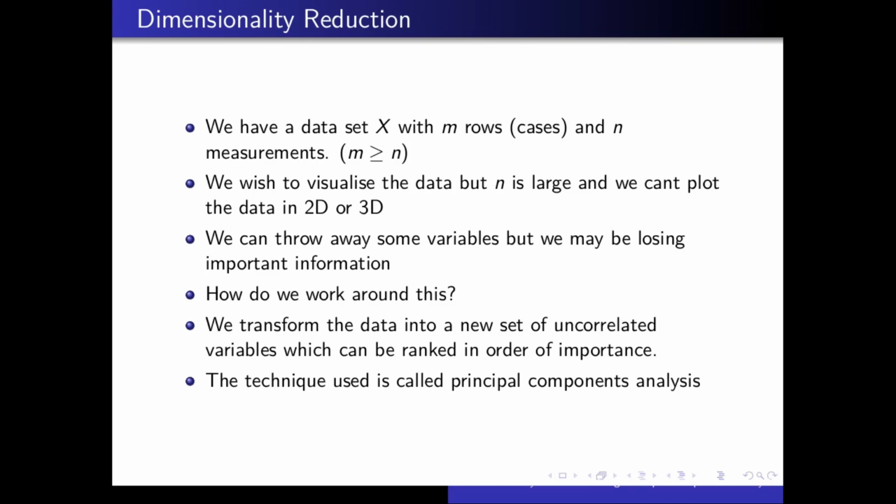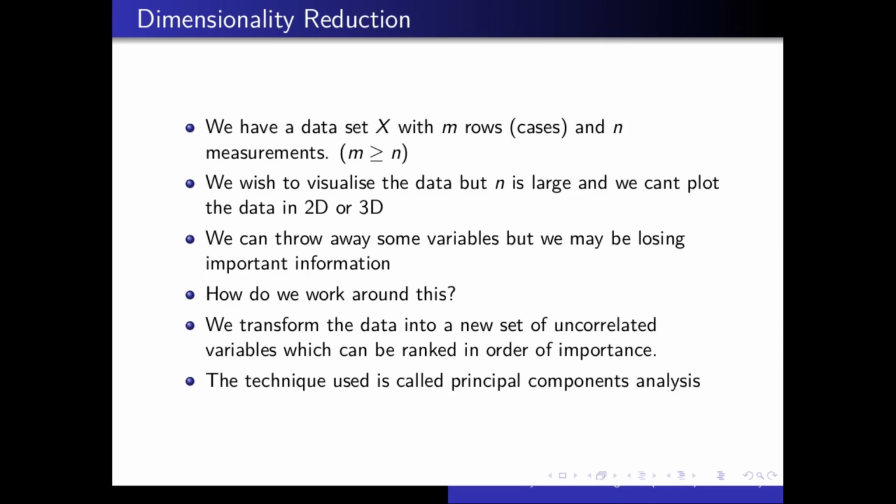Now, if the variables are so many, then it may not be very easy to visualize the data. One way to solve this would be to try to throw away some of the variables, but then we wouldn't know which ones are the important ones. We have no way of telling which ones are more important than the others. So this can be a bit risky. We can lose a lot of important information.